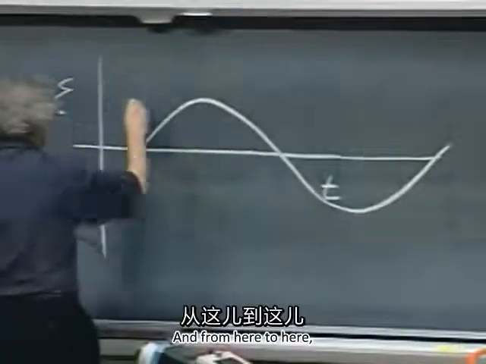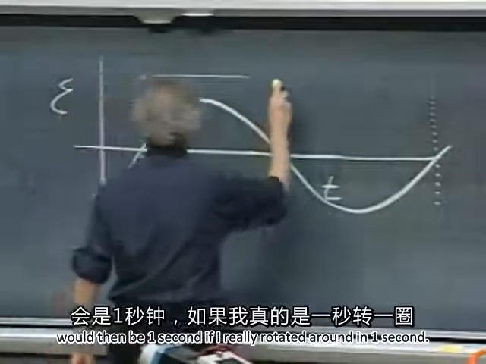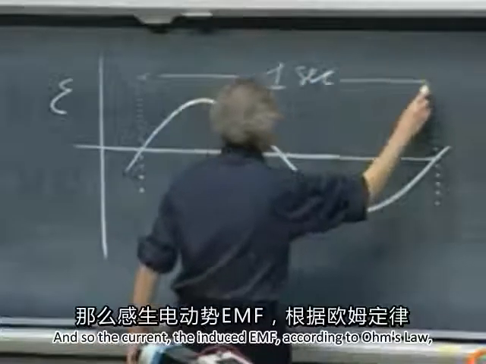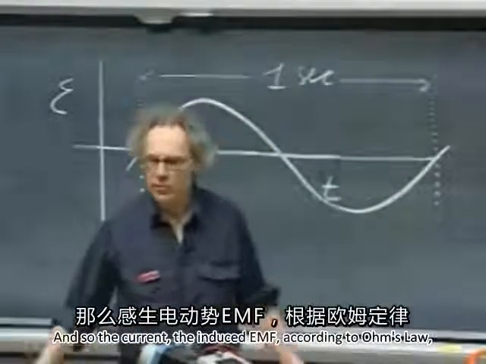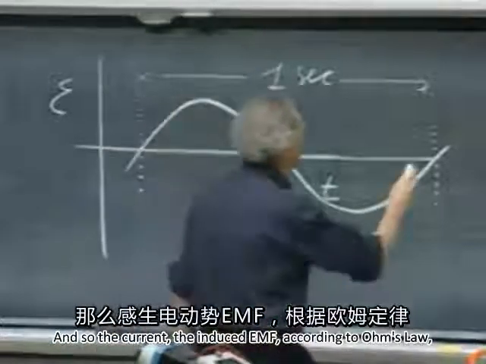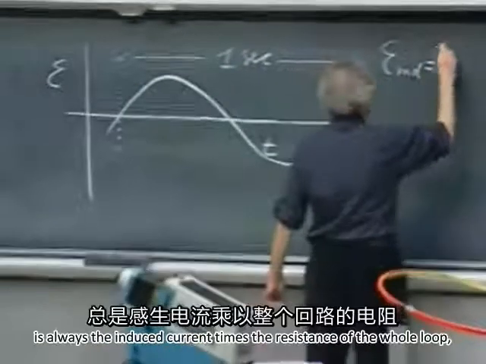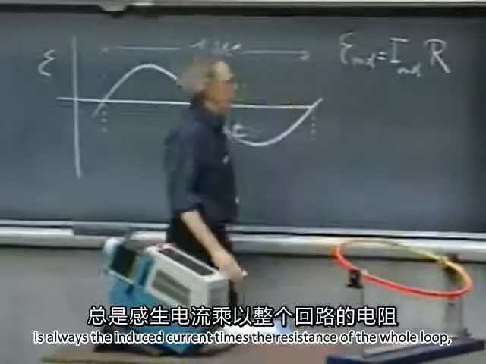And from here to here would then be 1 second, if I really rotate it around in 1 second. And so the induced EMF, according to Ohm's law, is always the induced current times the resistance of the whole loop.